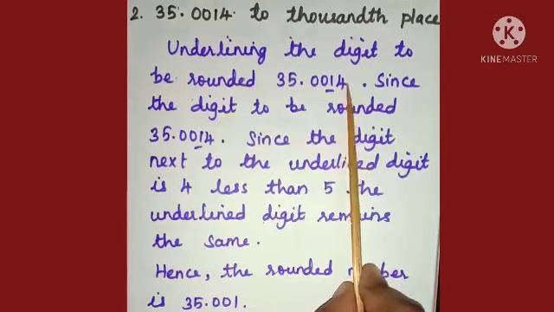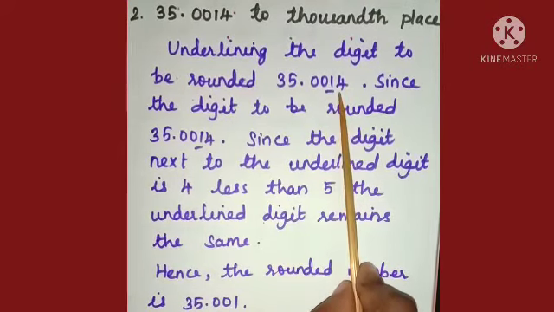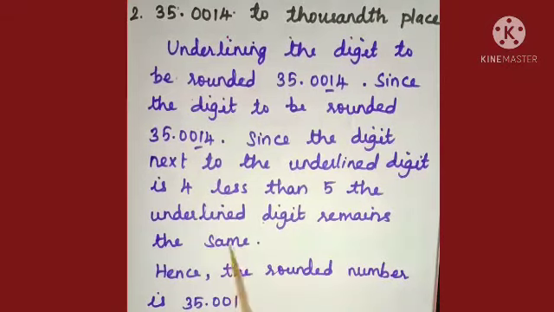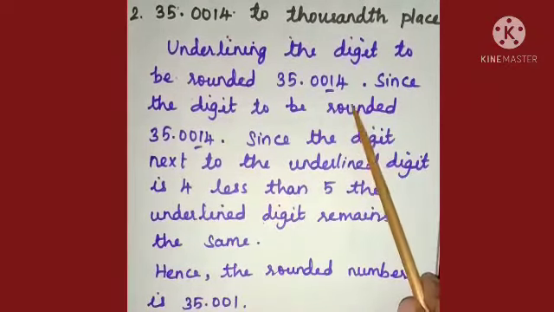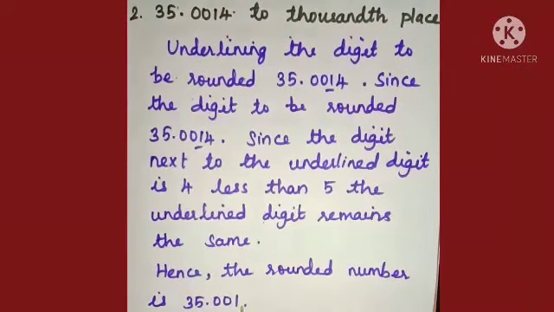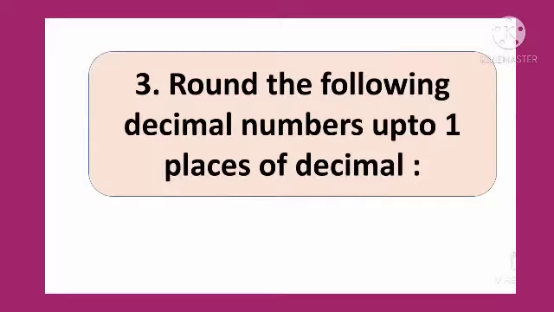Here 4 is there, and 4 is less than 5. So the underlined digit remains the same. If it is greater than 5, we have to add 1 to the underlined digit. So here 4 is less than 5, so the underlined digit remains the same. Hence the rounded number is 35.001.